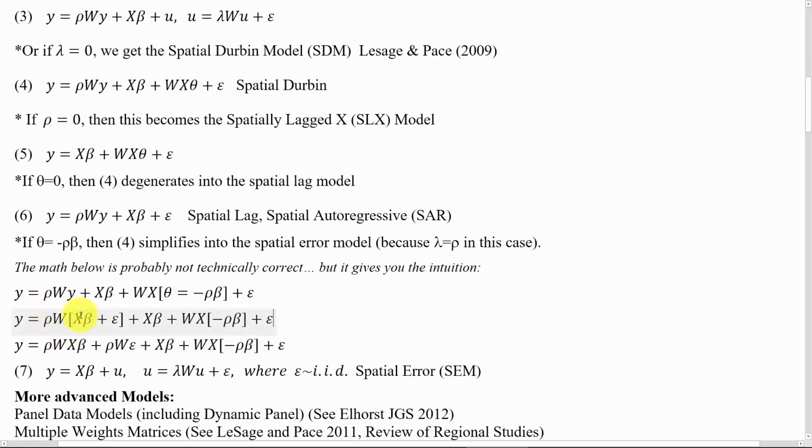And then if we distribute this, rho wx beta right here, plus rho we right there, same x beta carried down, plus wx minus rho beta, what happens? Well, you see here we have two terms that are basically going to cancel. Right here and right here. And again, I'm not trying to do a formal mathematical proof here. I'm just trying to get you to see where this cancellation comes from.